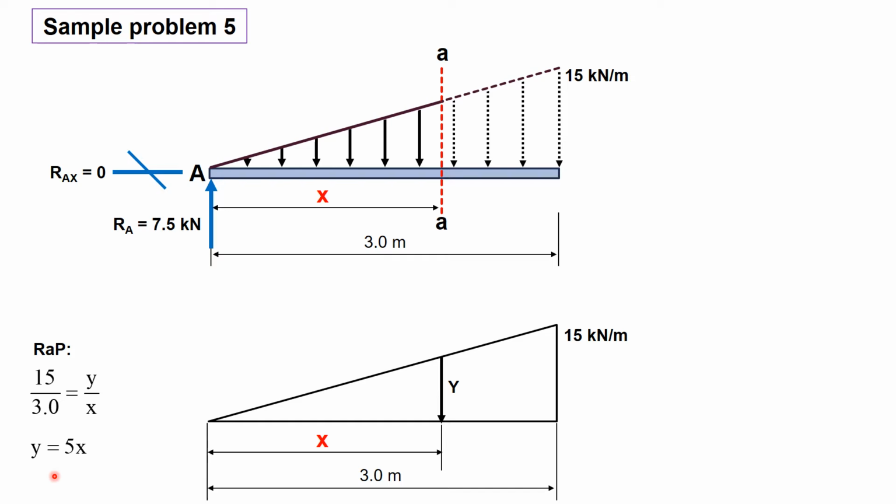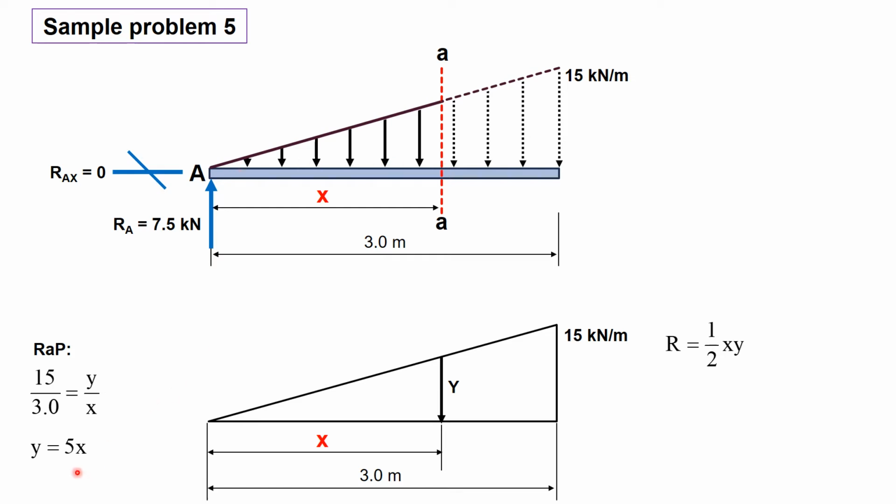And with this, we can also get the equivalent single force of this triangular loading over the distance x. And this is equivalent to the area of this triangle, which is 1/2 ng y by x.